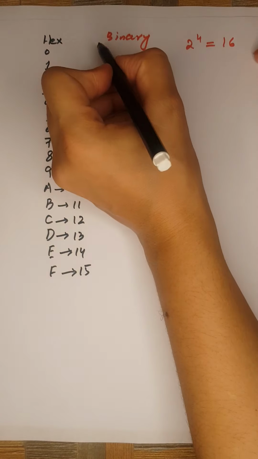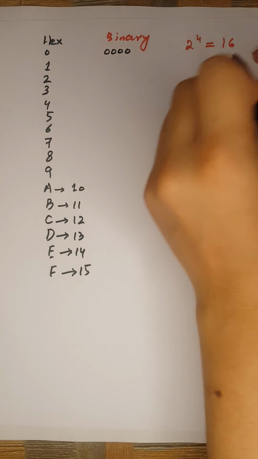So let's see the binary codes for these hex numbers. That is equal to 0 0 0 0 when all bits are off.